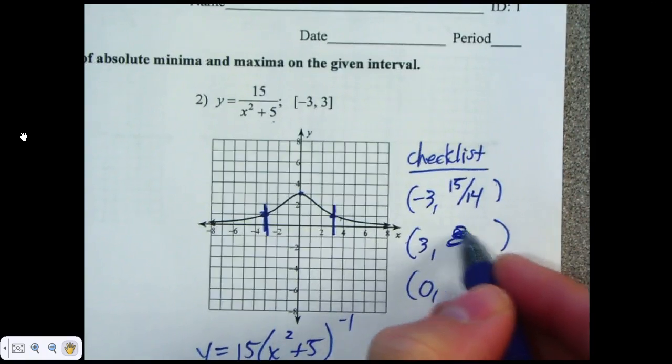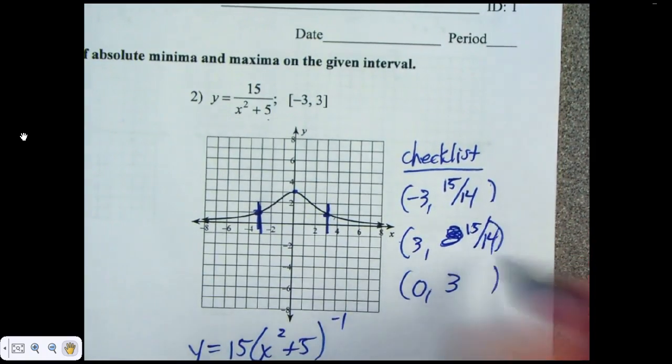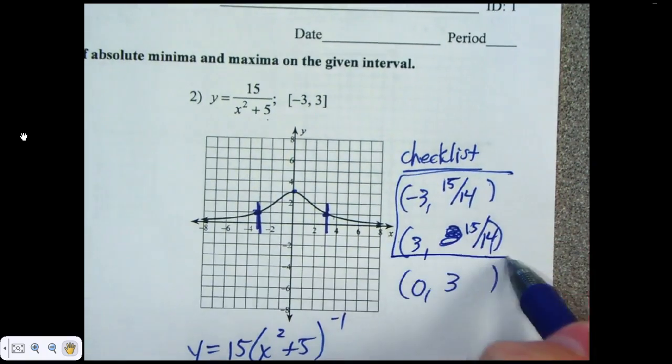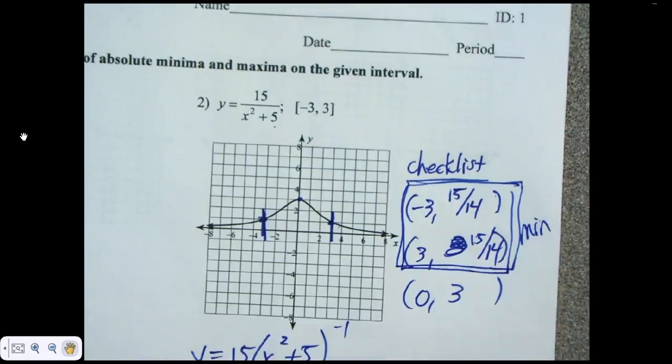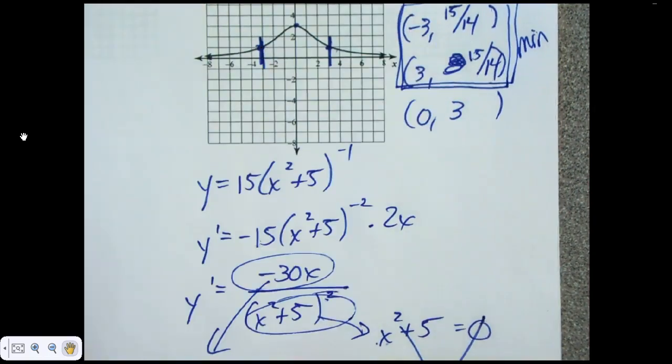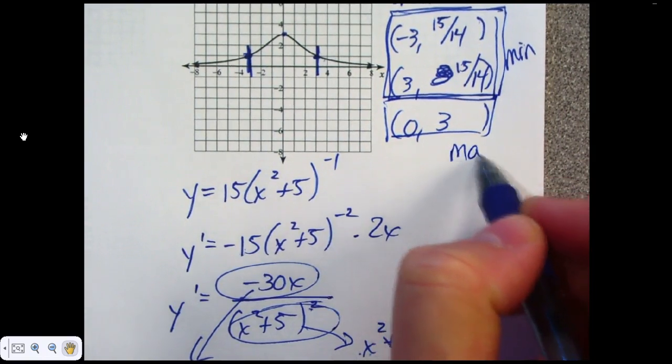Oops, I skipped one for some reason. Then if I plug in 3, I get 15 over 14 also. So then these 2 are your mins, because they're tied for the lowest y value. There you go. And this one's your max because it's your highest y value.